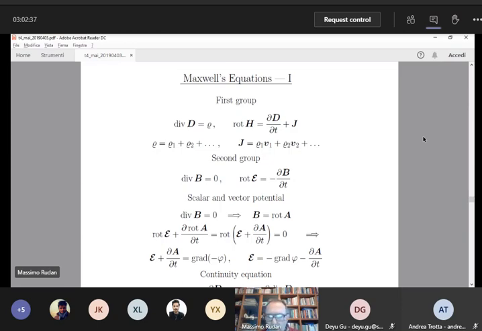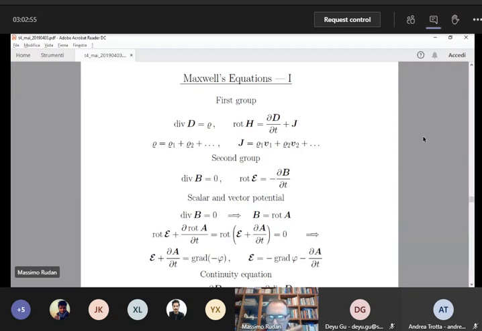The second group of the Maxwell equations does not relate the fields with the sources, but it gives relations among the components of the fields themselves.